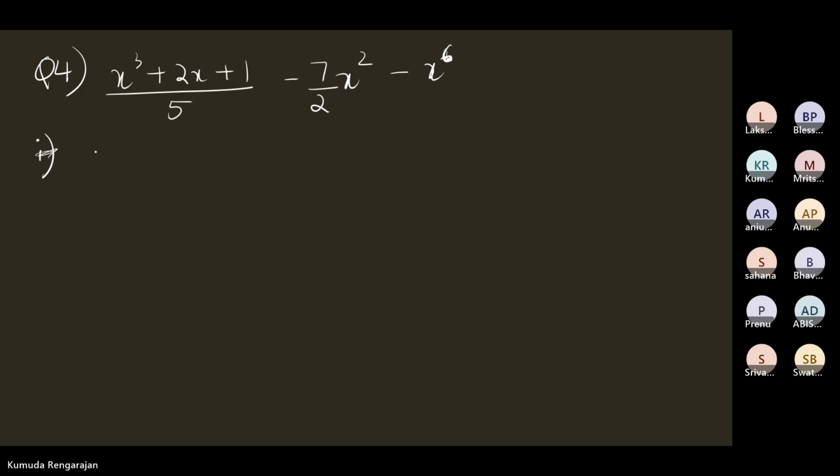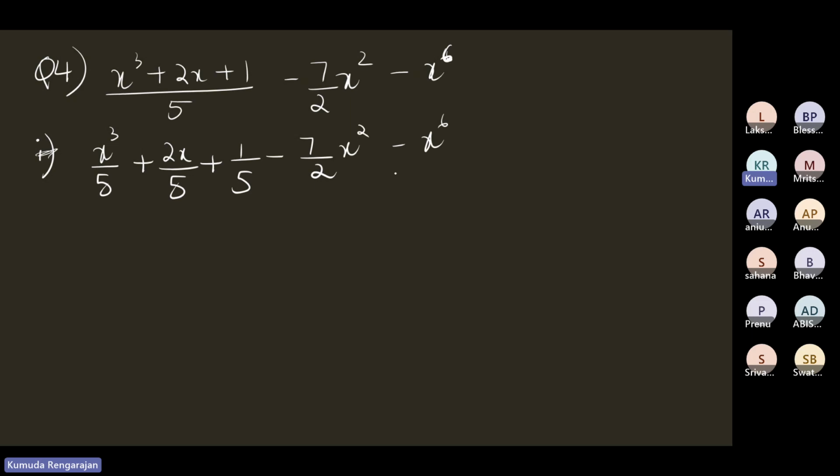The given polynomial is x cubed by 5 plus 2x by 5 plus 1 by 5 minus 7 by 2 x squared minus x to the power 6. If you want to rearrange it in the descending order of the powers, it will be minus x to the power 6 first, and then plus 1 by 5 x cubed minus 7 by 2 x squared plus 2 by 5 x plus 1 by 5.